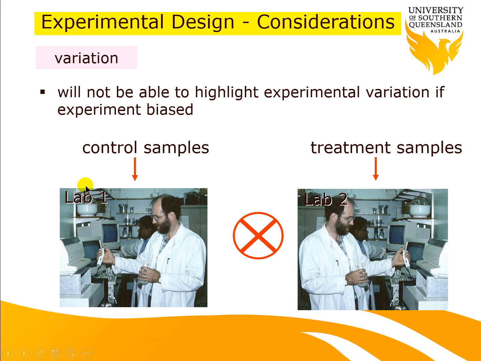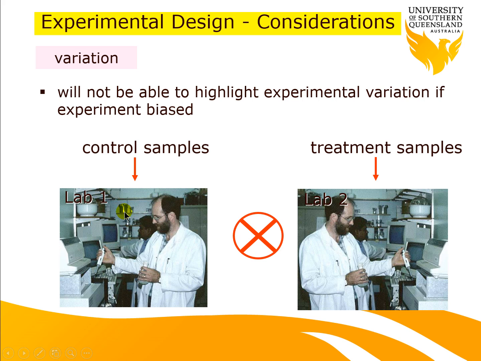so that if there is an effect of lab, maybe the chemicals we're using in each lab, which may vary a little bit, or the temperature in the lab or something like that, if there is that source of variation, it's not being confined just to the groups that we are actually interested in for the experimental variation.